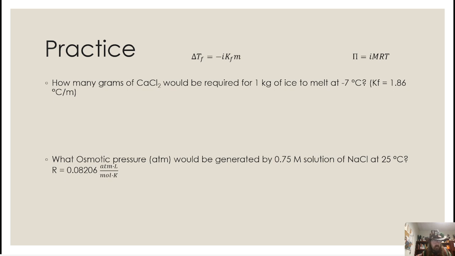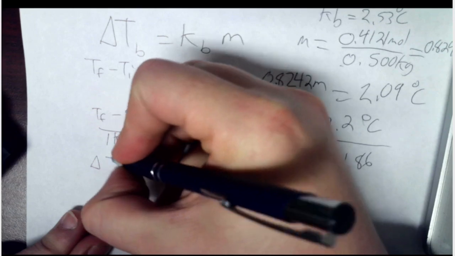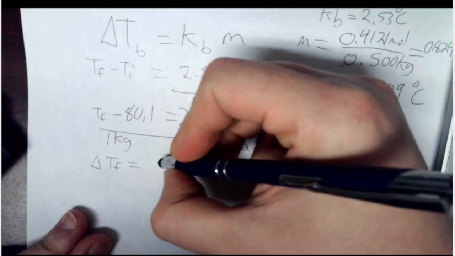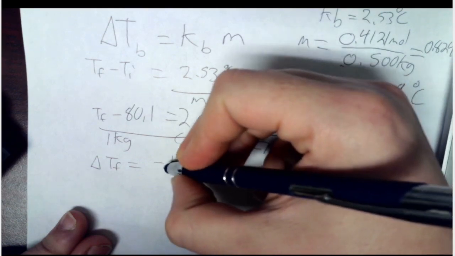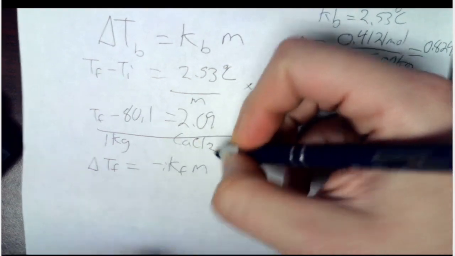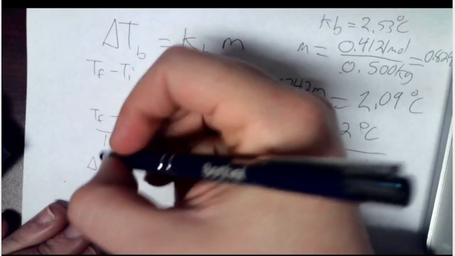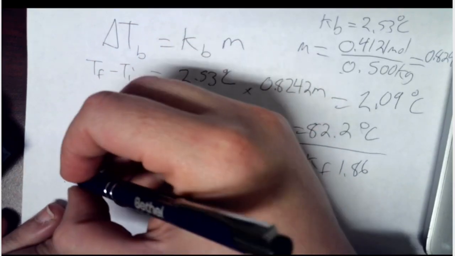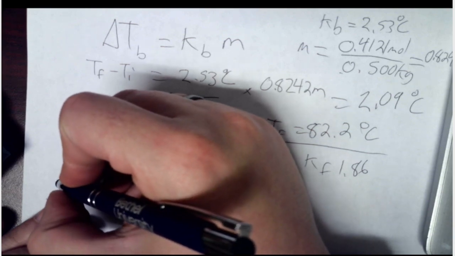So, this one is asking us to work backwards. So, delta T sub F equals negative i K sub F m. The first thing is I want you to be able to figure out what amount of salt you would need to melt that much ice.